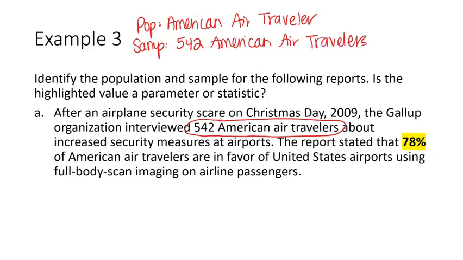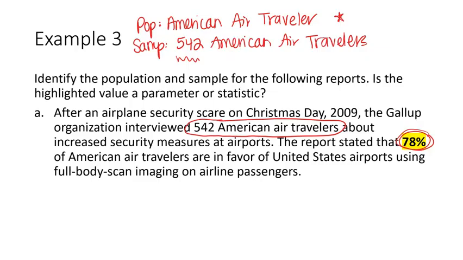So the question at hand is, when the report stated that 78% are in favor of full body scan imaging systems, did the Gallup group go talk to every single traveler, or are they saying that based on the 542 that they talked to?